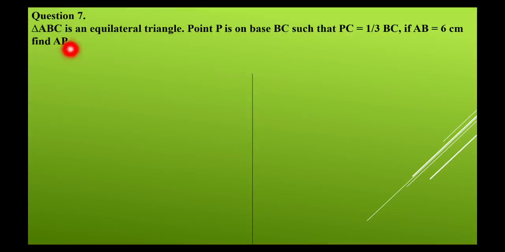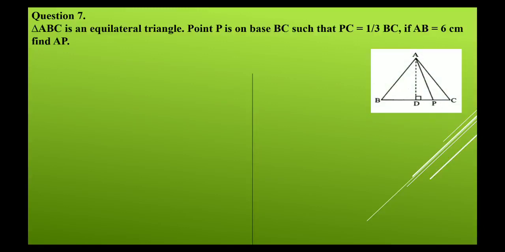Question number 7. Triangle ABC is an equilateral triangle. Point P is on base BC such that PC is equal to 1 upon 3 of BC.